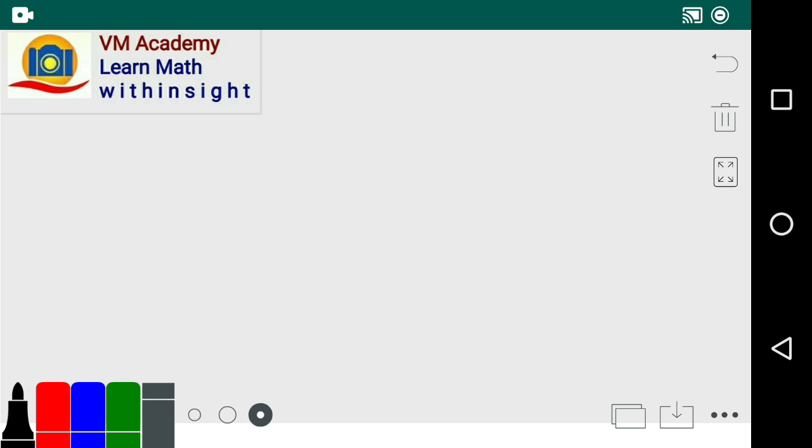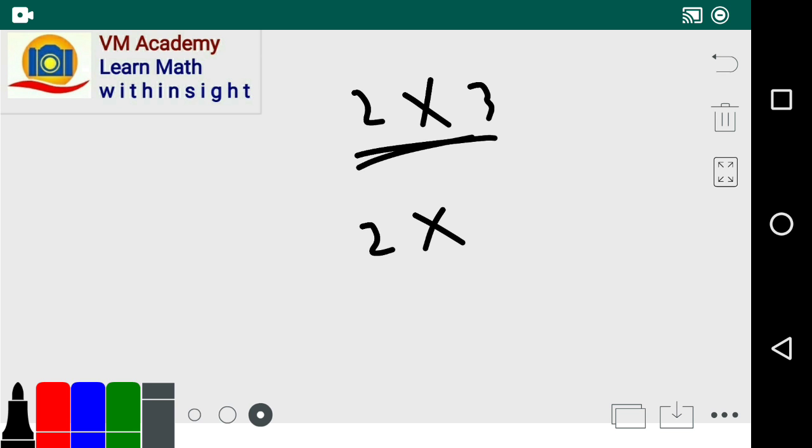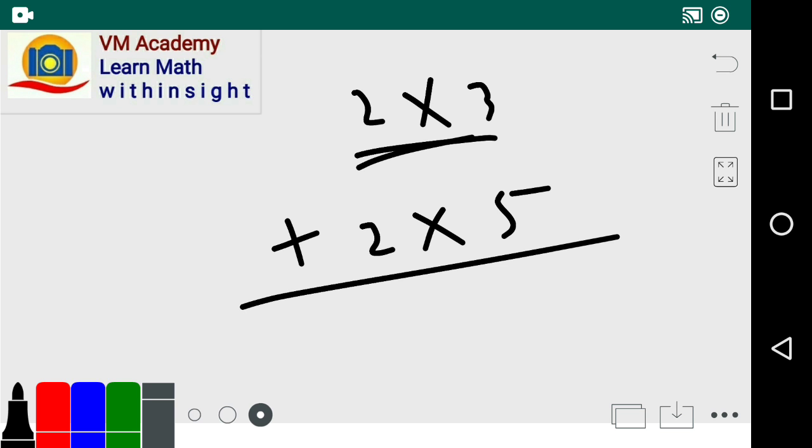Now what if 2 into 3 is a multiple of 2, friends, and another number is also a multiple of 2? What if we add them together, friends? Then we can take 2 common: 2 into 3 plus 2 into 5.